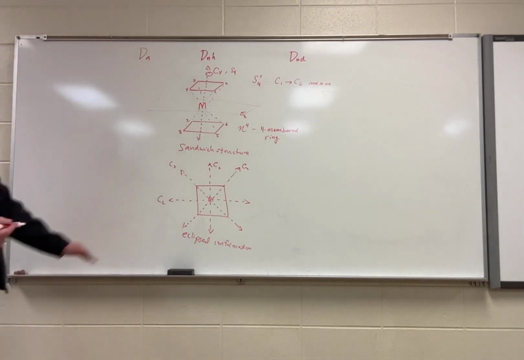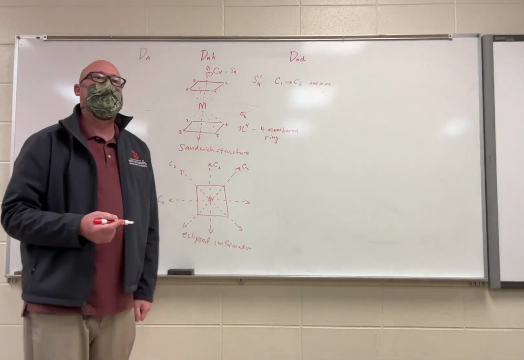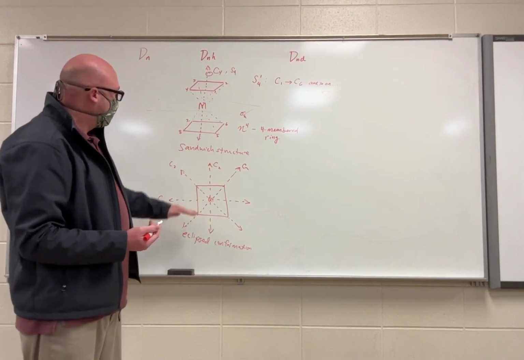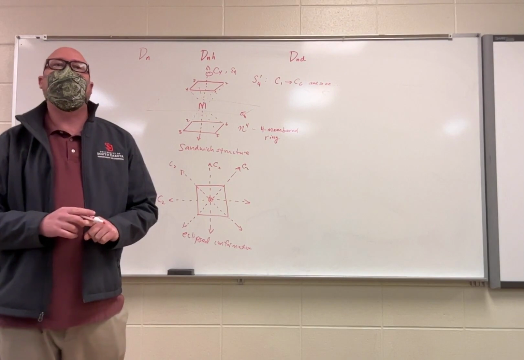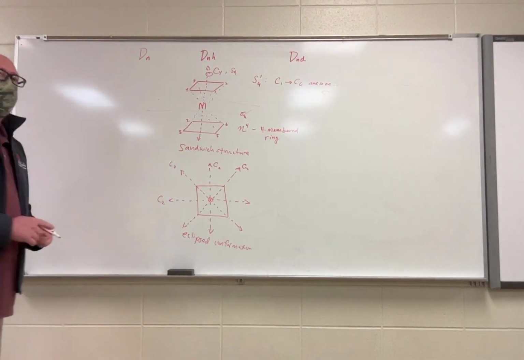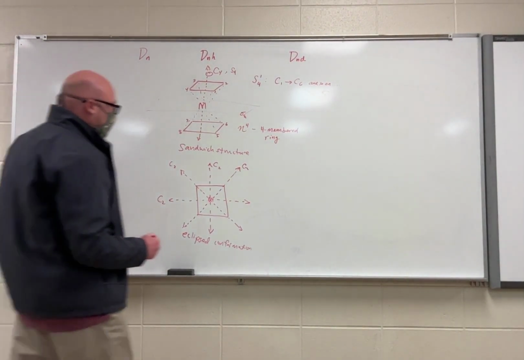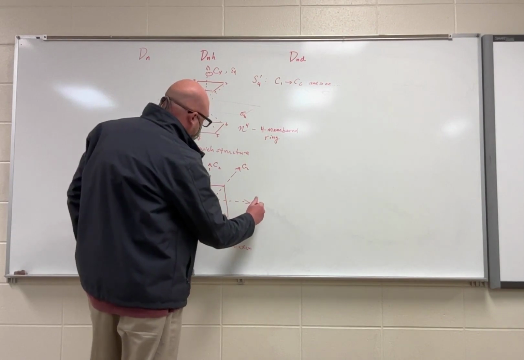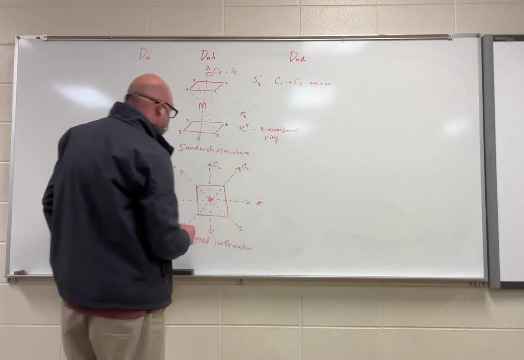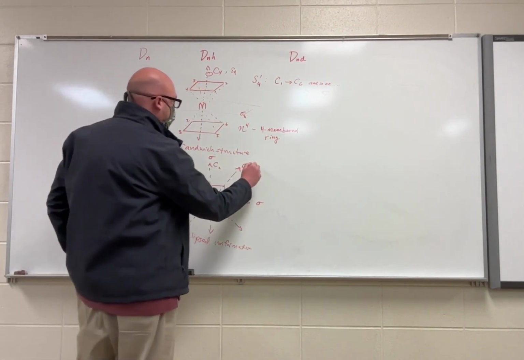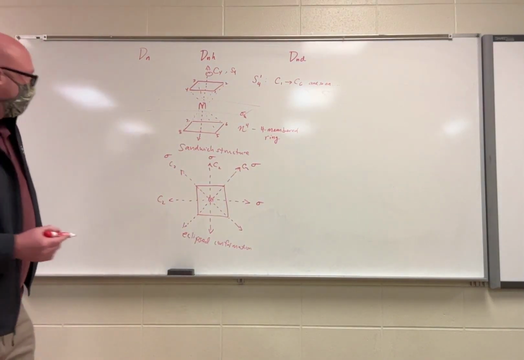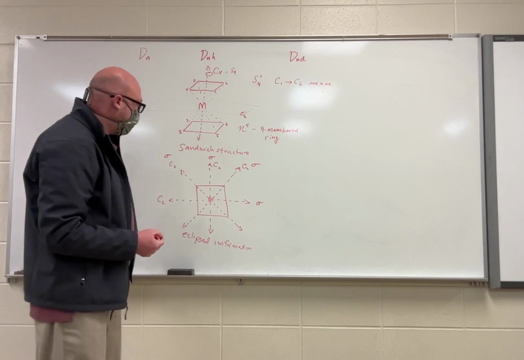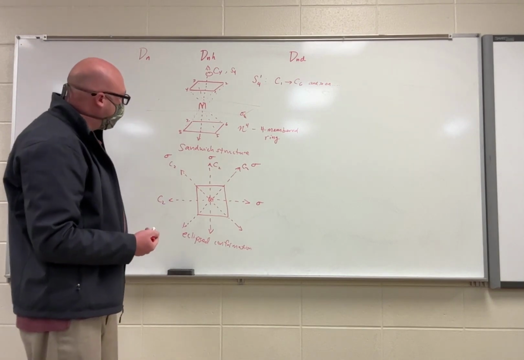So you can pick any one of these four C2 axes, and then you take the C4 and use that to define a mirror plane. Okay, does that make sense? So there will be a mirror plane here, a mirror plane here, a mirror plane here, and a mirror plane here as well. So we have four mirror planes.